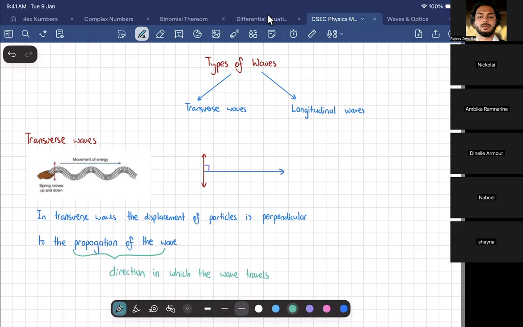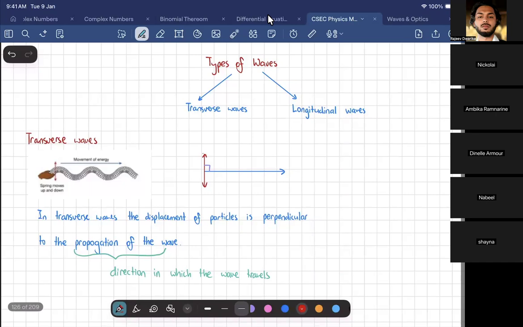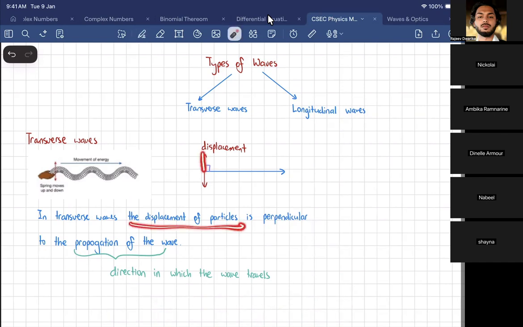Okay, good. So you understand that this red axis here, you can think of it as the displacement. And this blue line over here, you can think of it as the what? So this corresponds to displacement. What do you think this could correspond to? Give me a guess, Ambika.